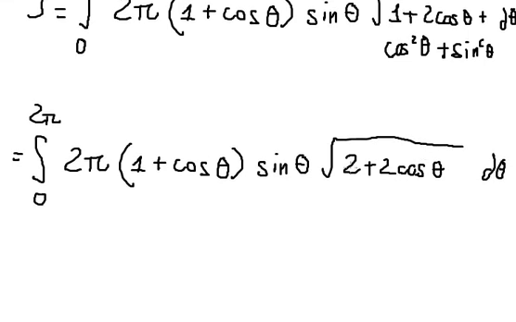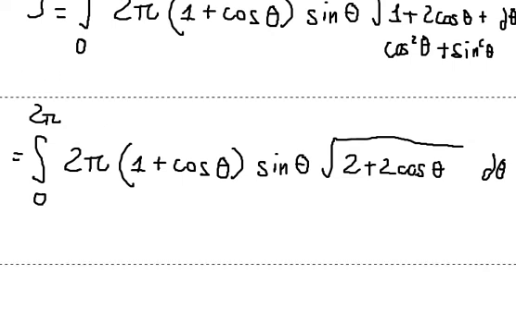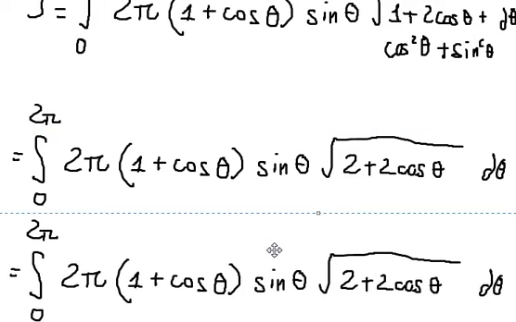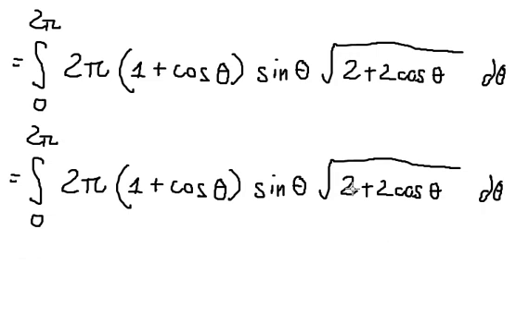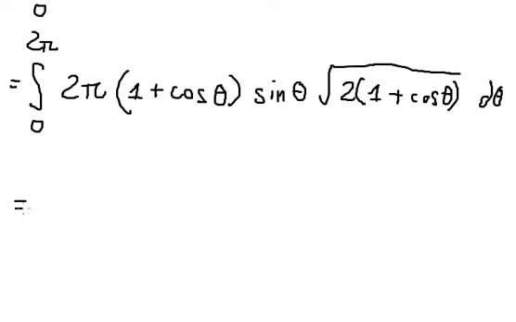So the square root, number 2 and number 2, we can do factorization. So the square root of number 2 and number 2π, I will put outside.